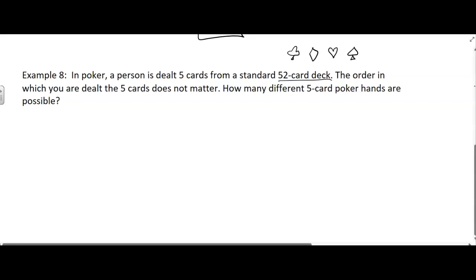There's 13 of each suit. It goes ace, 2, 3, 4, 5, 6, 7, 8, 9, 10, and then you have your face cards, jack, queen, king.